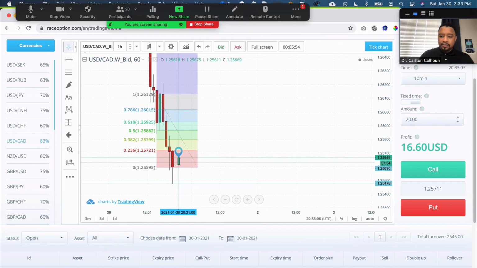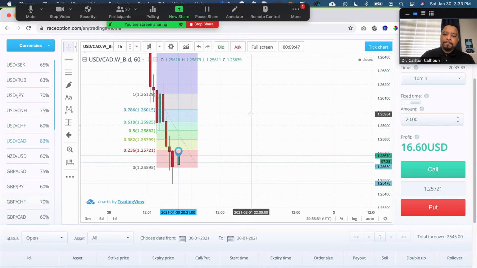If I win, I get my 20 back plus 1660. And right here, they're not giving the full 1660, which is crazy. Maybe it's a weekend thing where they take an extra percentage. They're only paying out 1340.